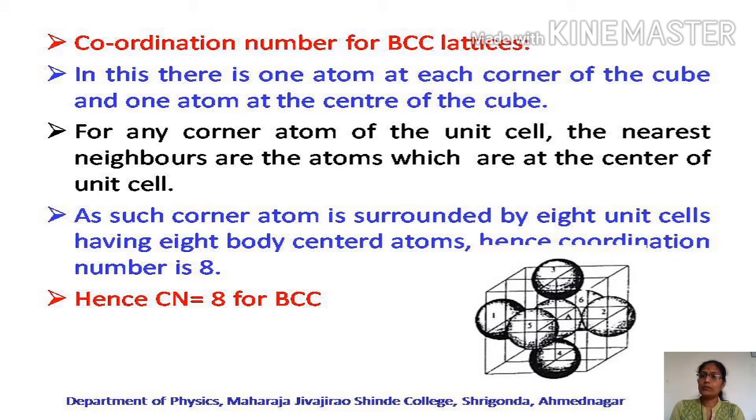Therefore, the equidistant nearest neighbors in case of BCC structure comes out as 8. Hence, its coordination number is 8. Is it clear to you? For a given corner atom, the body centered atom is the nearest neighbor, and any corner atom is in contact with 8 such body centered atoms. Therefore, its coordination number becomes 8.